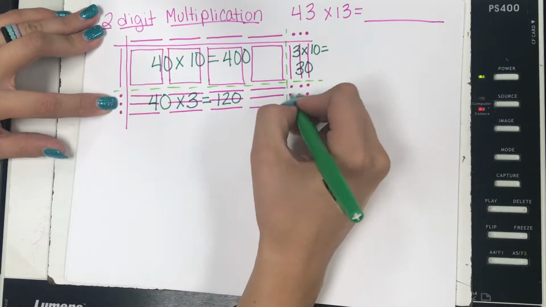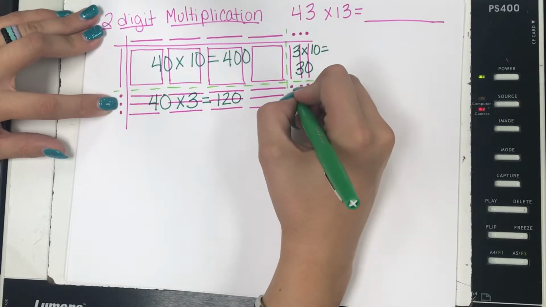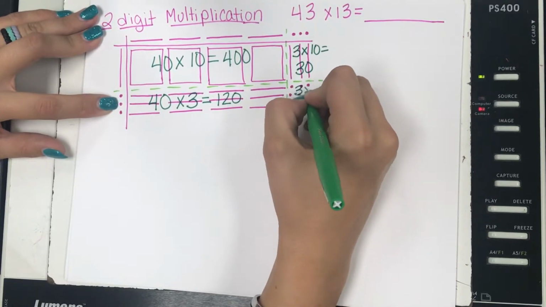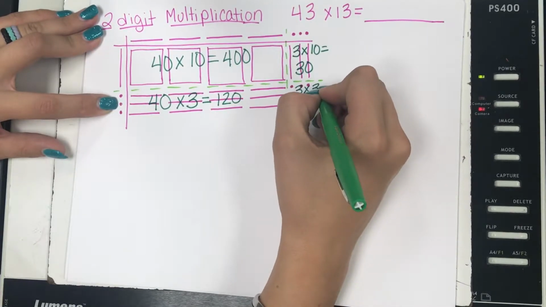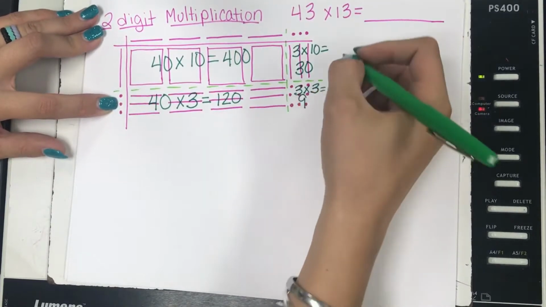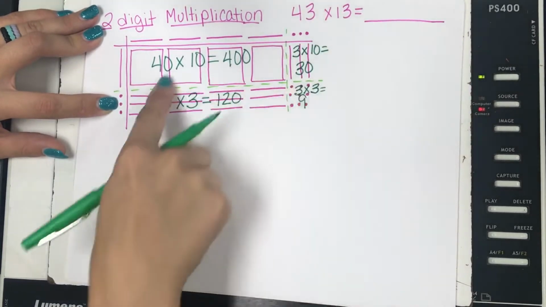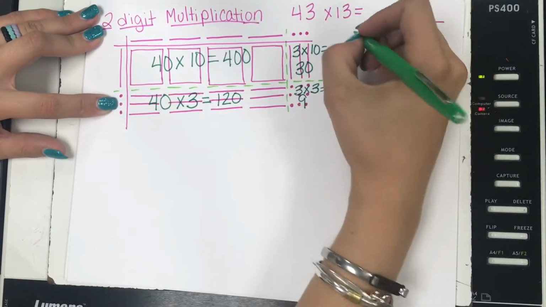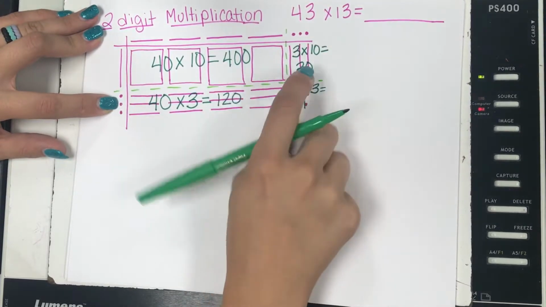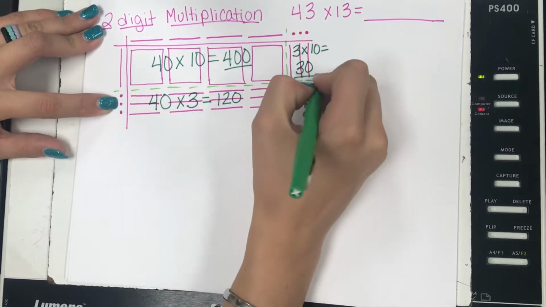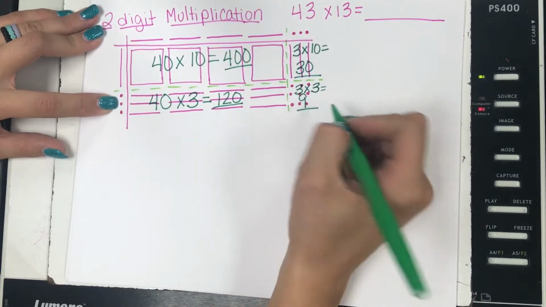What about in this last piece right here? What multiplication did I do? 3 times 3 equals 9. Once I have all of these parts, what do I call these 4 numbers? Partial products.